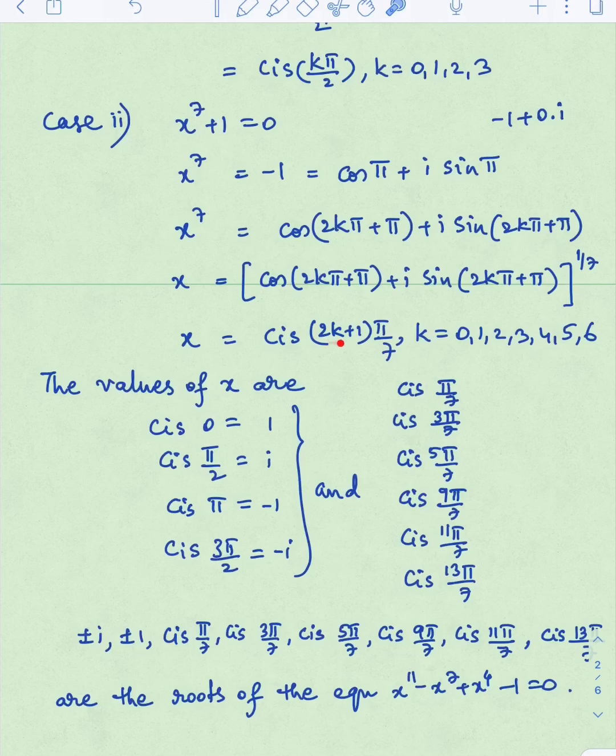Next, when you put 4 in it, 2 fours are 8 plus 1, 9 pi by 7. When you put 5 in it, you get 11 pi by 7. When you put 6 in it, you get 13 pi by 7. Like that, these all are the values of x here.